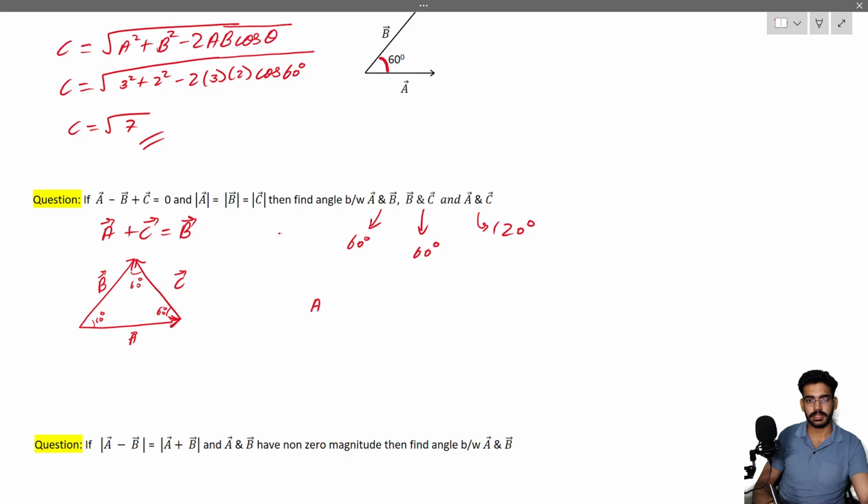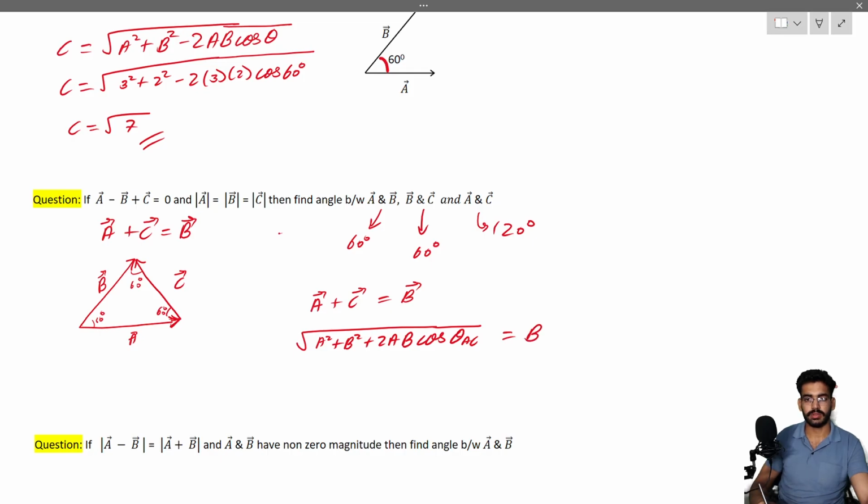So you take a vector plus c vector equal to b vector, and put the magnitude. So you can say, under root of a square plus b square plus 2ab cos of the angle between a and c, theta ac, is equal to b.